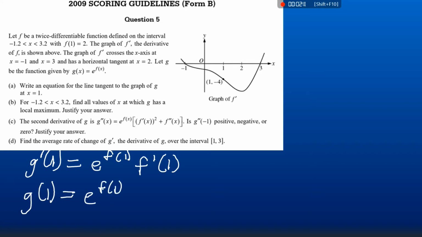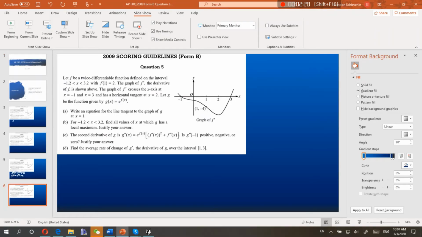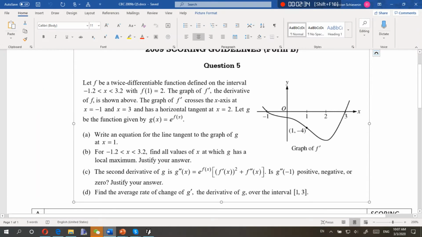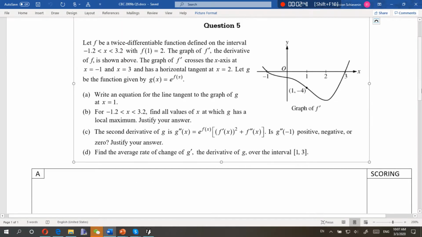What is f at 1? F at 1 is 2. And what is f prime at 1? F prime at 1 is... Okay, I'm gonna jump in here. -4. Okay, -4.